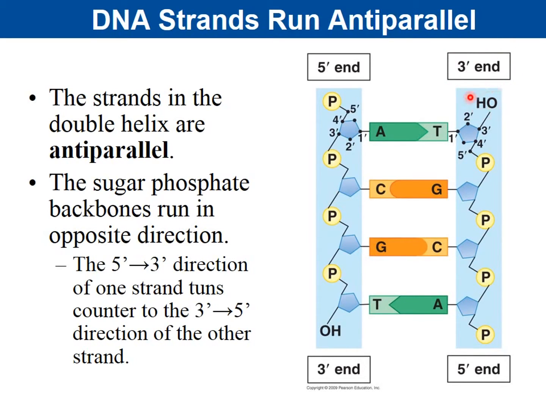So here's that hydroxyl group that's free, and on the strand on the bottom, there's your 5' end. And so notice that these 2 strands run in opposite directions. One goes 5 to 3, the other goes 3 to 5, and we call that orientation anti-parallel. Okay, so anti-parallel means that they run in opposite directions.